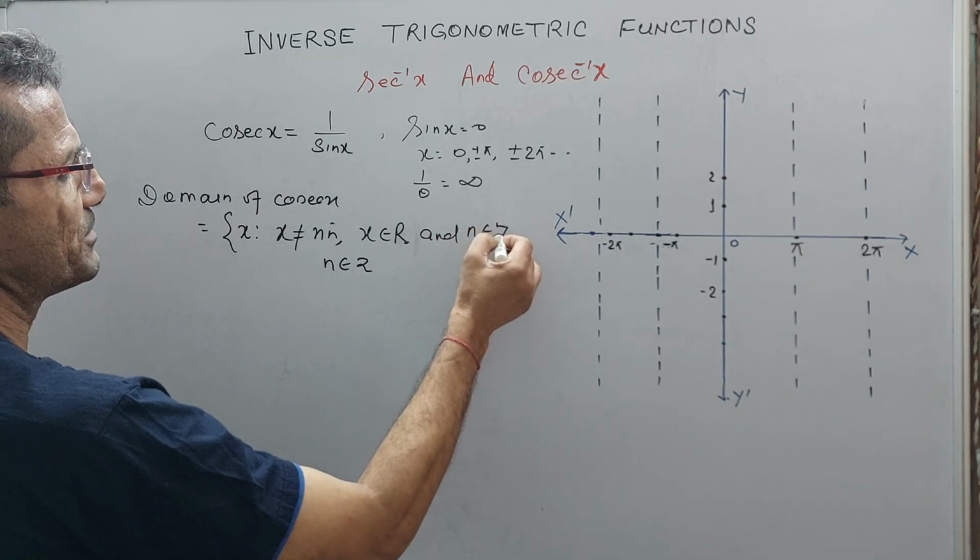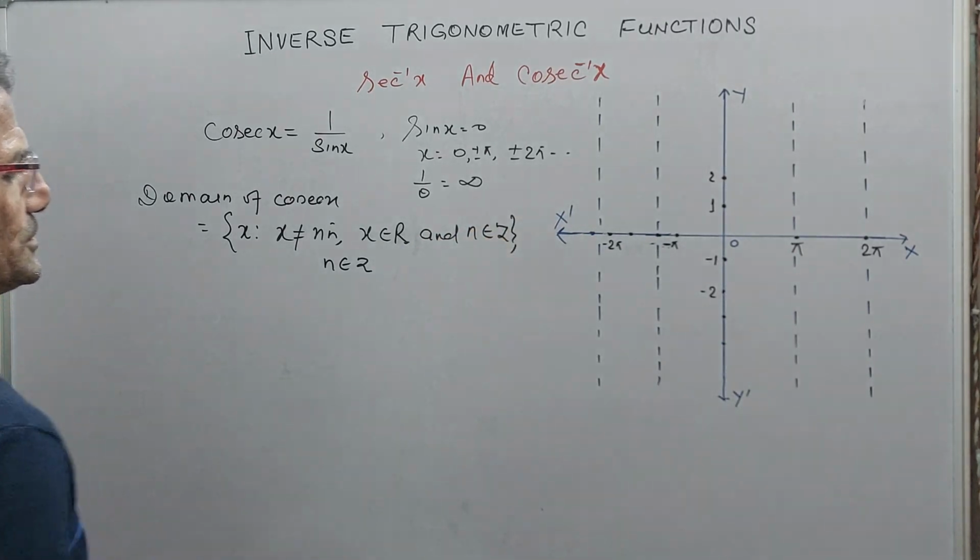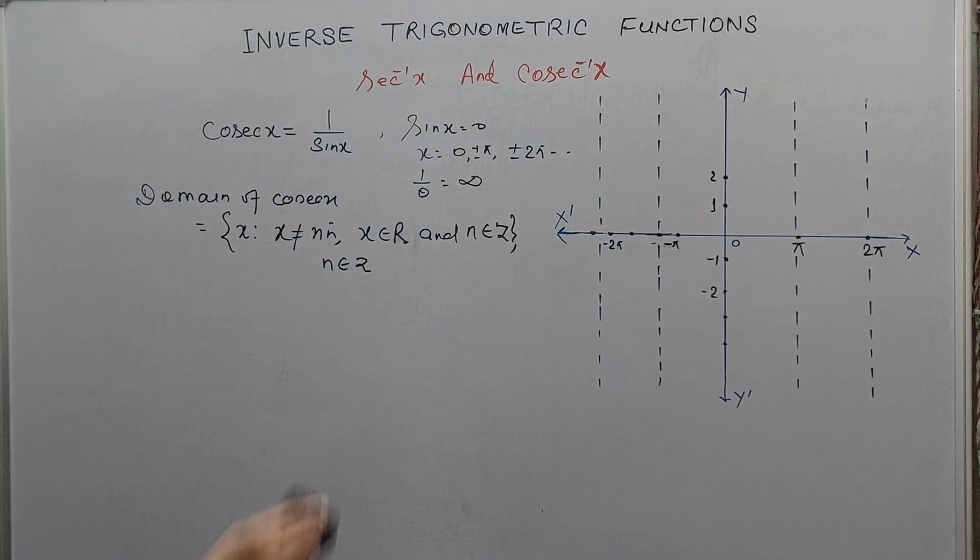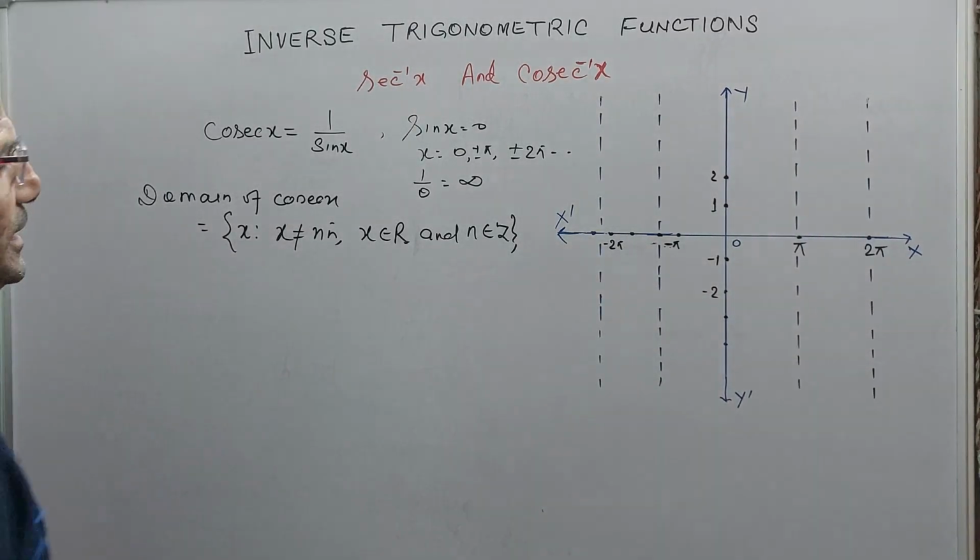N will be the set of integers. So this is our domain of the cosec x.